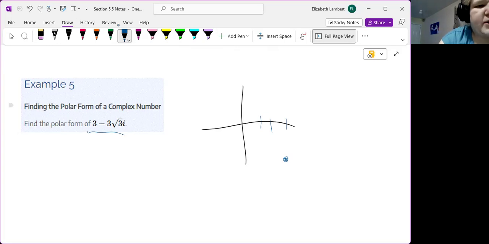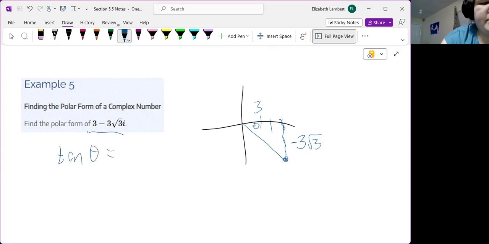All right, so we've got 3 here and -3 square root 3 here. All right, so if this is our theta, the tangent of theta is -3 square root 3 divided by 3.